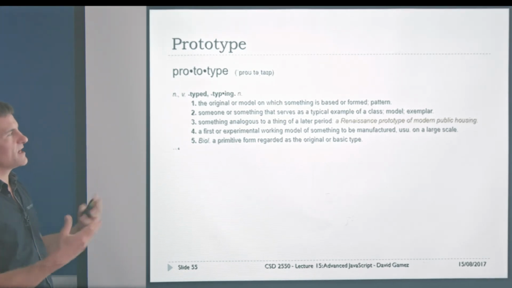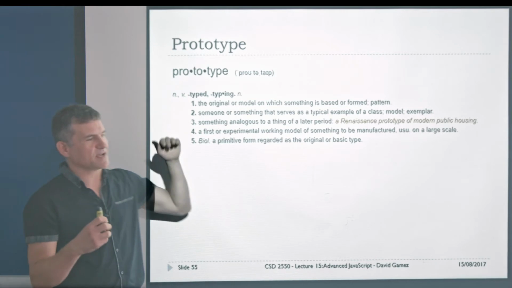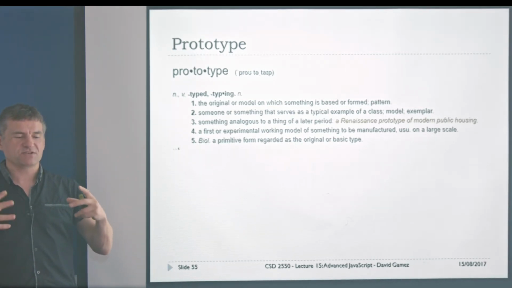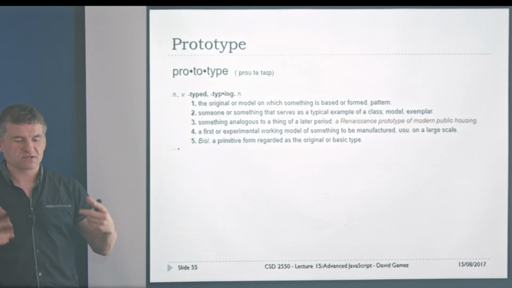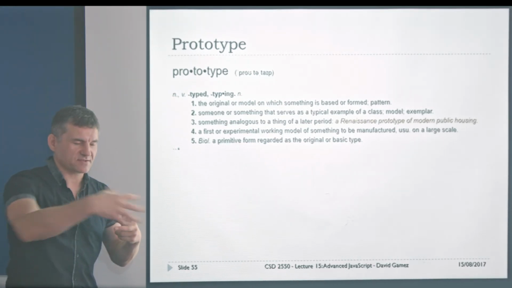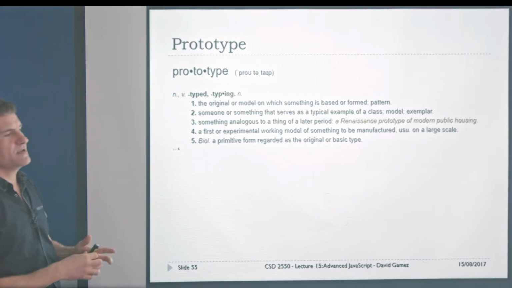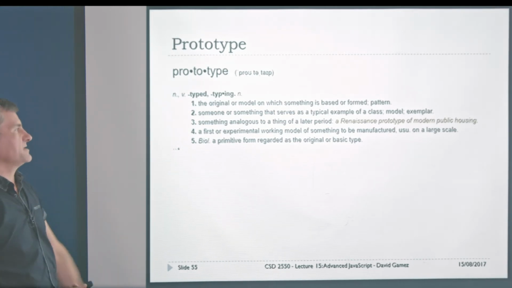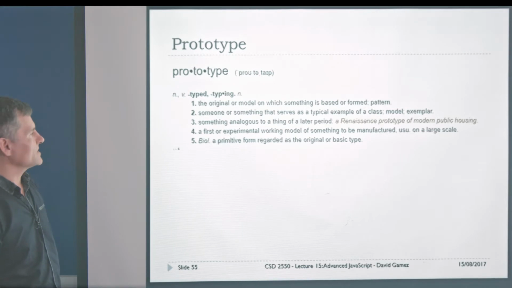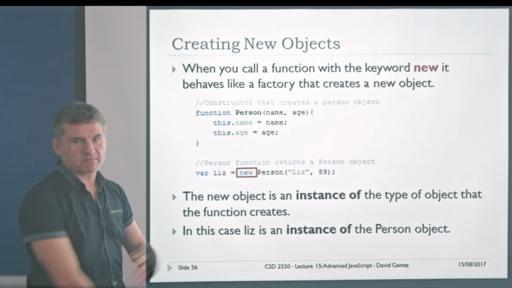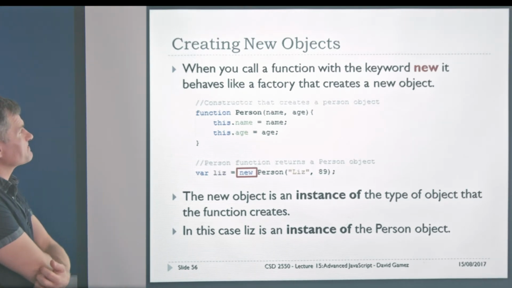But I think it's better to think of it as a definition or original model, and everything is based on this original pattern. If you change the prototype, you change the objects based on the prototype. It might help, might not, but hopefully it'll be clearer when I've gone through some examples.